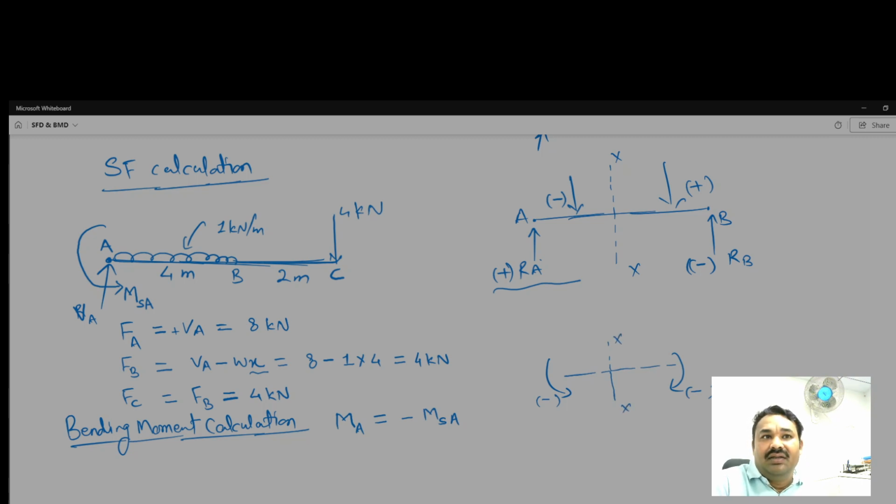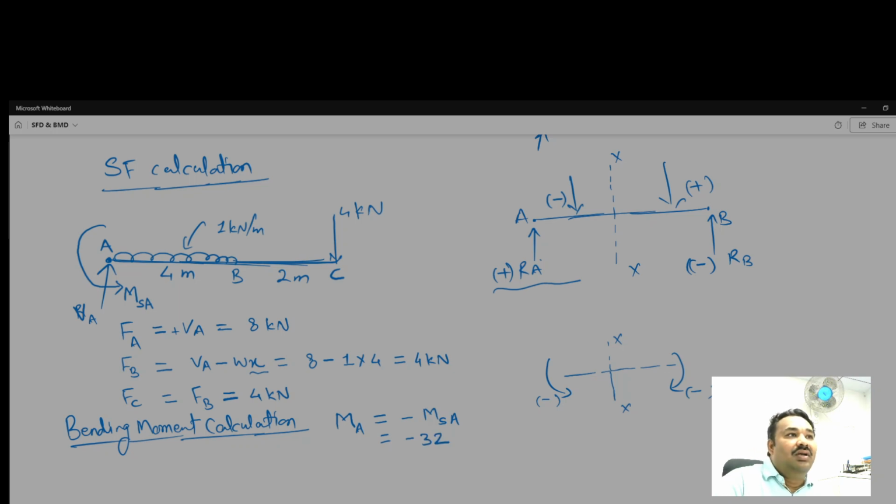On the left side, the anti-clockwise we take positive. On the right side, the clockwise we take positive. So following the sign convention, the bending moment at A is minus 32.